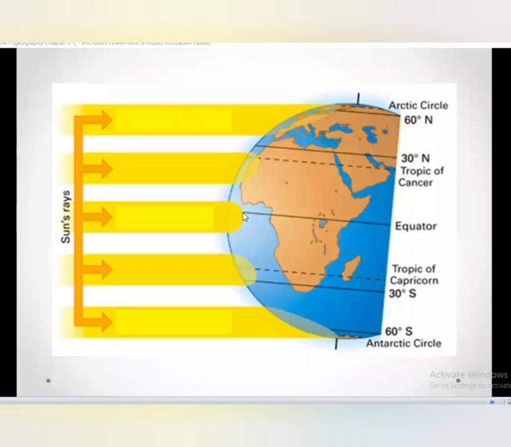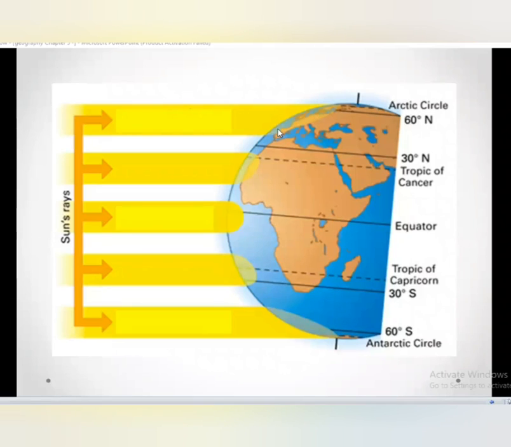Next, talking about the slant rays, the slant rays occupy a larger area. How much of the area is covered as compared to this area? In this area, the sunlight appears less bright and there is less heat. Why does the sunlight become low here? Because the rays which fall on this area start fading.